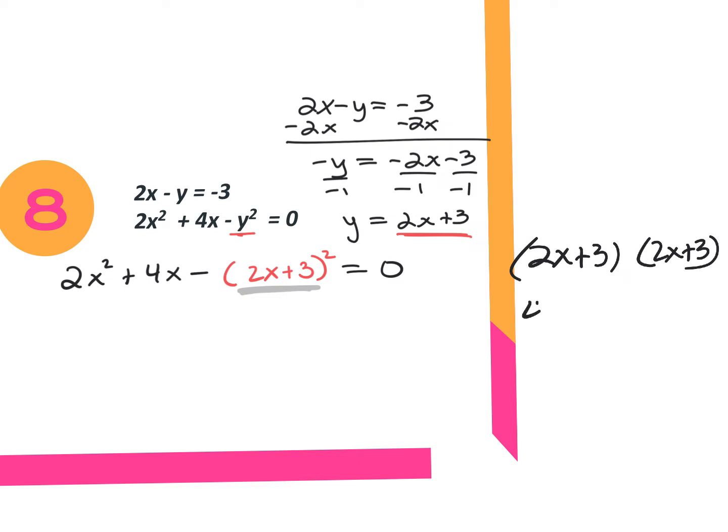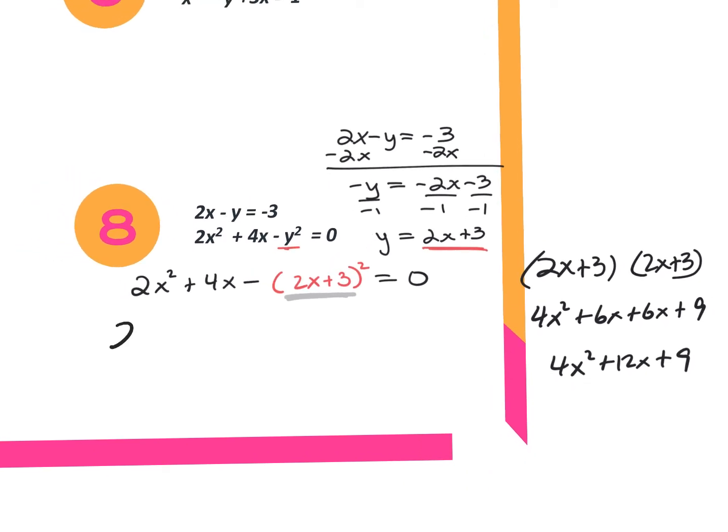So 2x times 2x is 4x squared plus 6x plus 6x plus 9. Once you add the middle terms, this is that y squared. Now also remember, you've got a subtraction sign that you're going to distribute. So let me just rewrite everything.